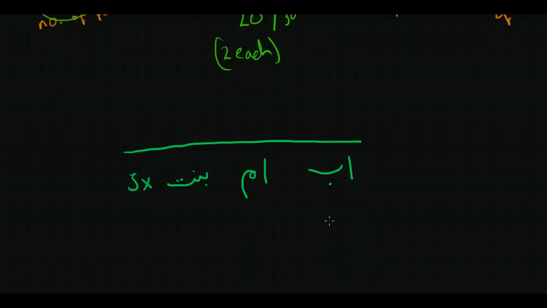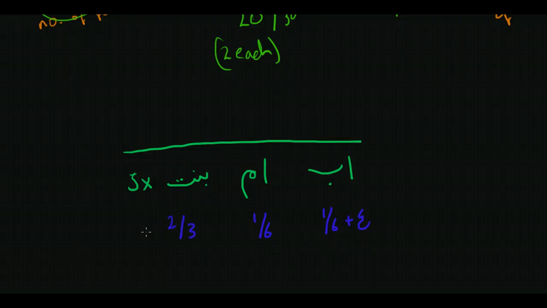We know that the father gets a sixth plus asaba when there are daughters. The mother will get a sixth when there are children, in this case there are, and the daughters will share 2/3.